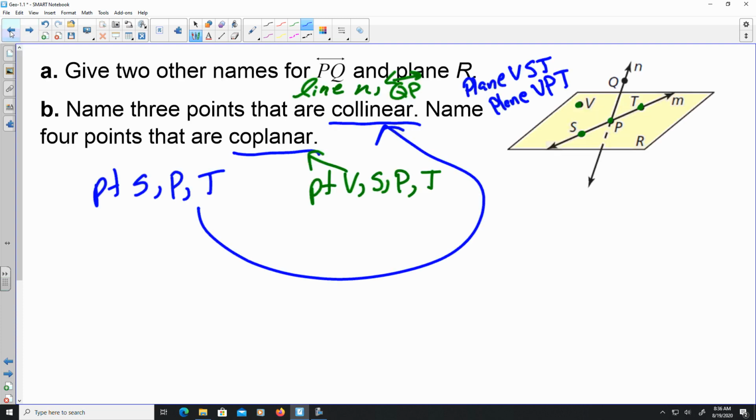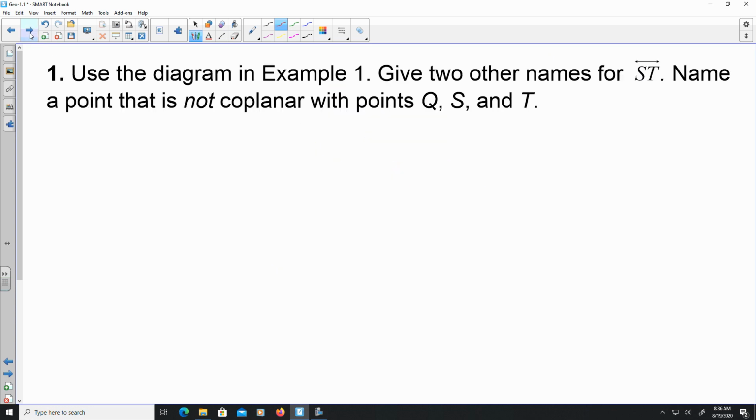Let's look at line ST. Another name, I'm just going to use another point, P, and call it line SP. So that's another name, or it says give 2 names, so I can also use PT.